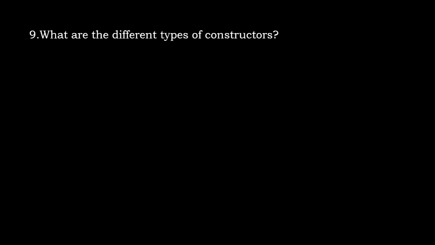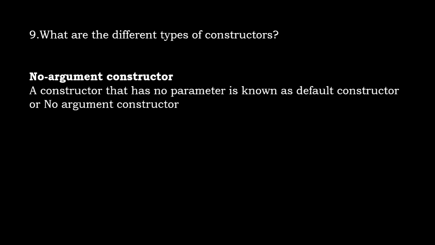What are the different types of constructors? One is the no argument constructor. A constructor that has no parameter is known as the default constructor or no argument constructor. For example, Test t1 = new Test(). So this is the same as normal object creation where there is no argument.